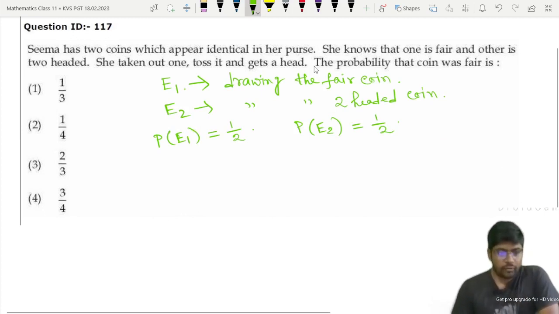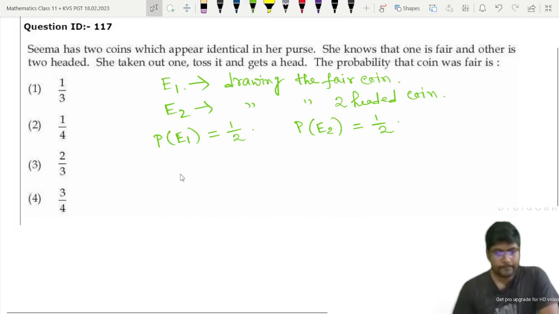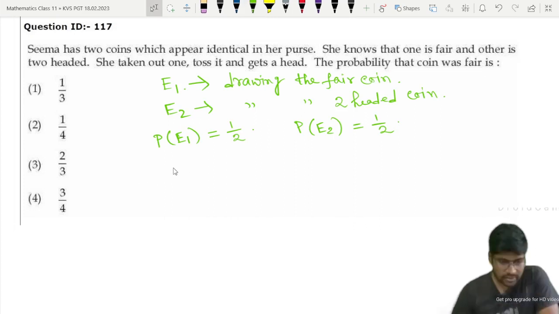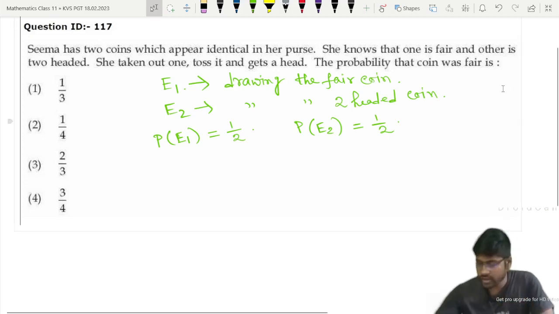Now what we will do, we will try to use Bayes theorem here. We take the event A, that the coin toss gives a head. So we have to find, okay, what other information are we getting from here?